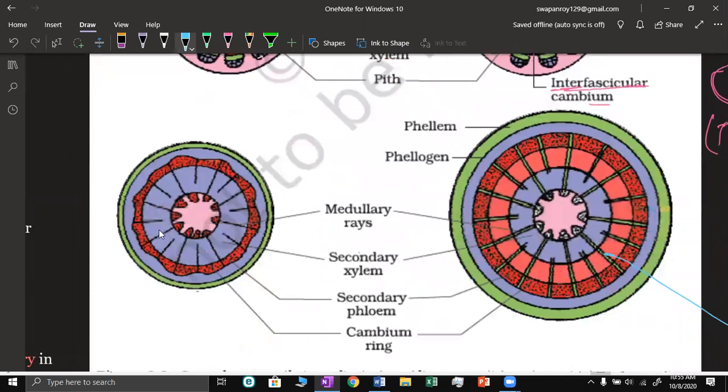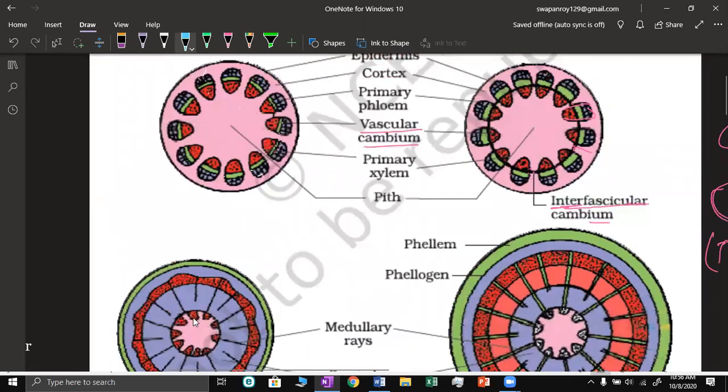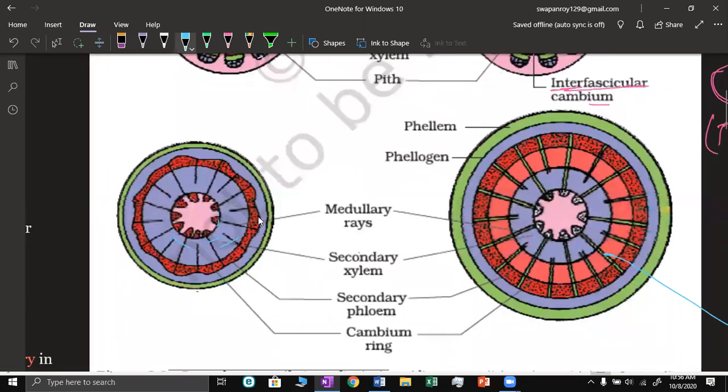These are the primary vascular bundles, the primary xylem portion, and the blue portion is the secondary xylem. And these lines are secondary medullary rays. So this way it continues.